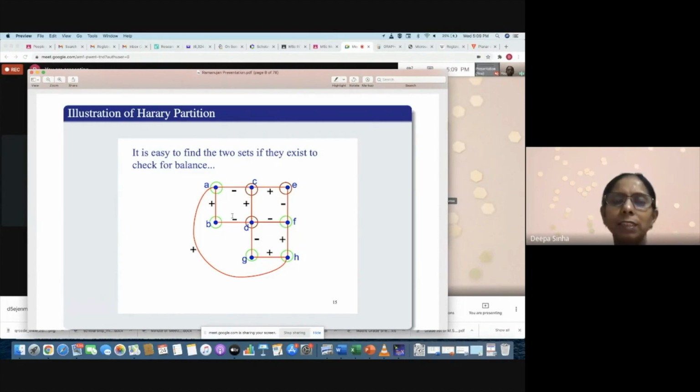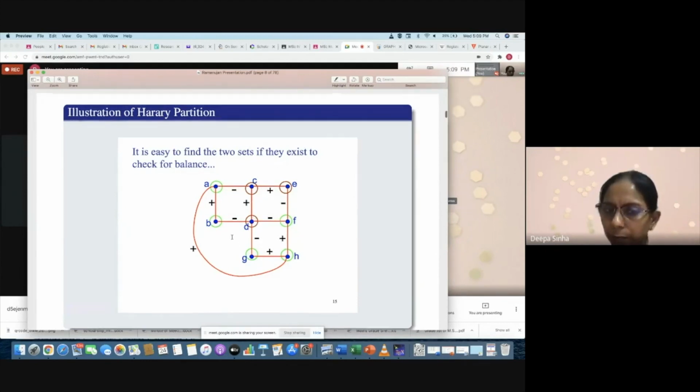And you can see that when there is a line between green and red, then the edge is negative, and when it is a line between the same set, that is red and red, or green and green, it is positive. It could happen because all the cycles here have an even number of negative edges. That is why this is possible.